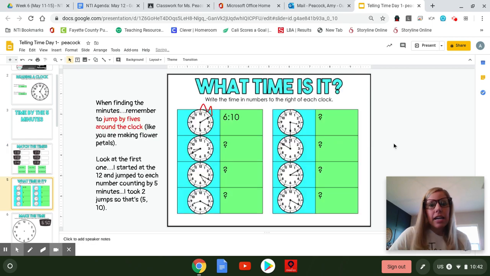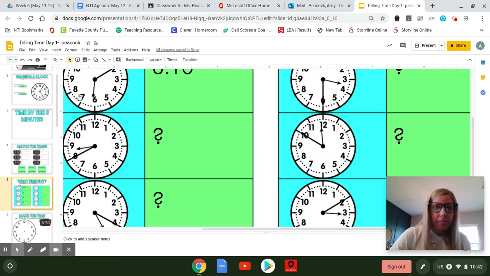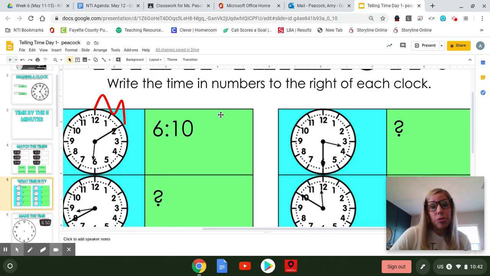Then the next slide looks like this. And what you're going to do for this one is just tell us what time each clock says. If you need to zoom in on these clocks, you can. I probably would if I were you. You can come up here to this little magnifying glass and you can click on zoom. And you can zoom all the way into like 200%.